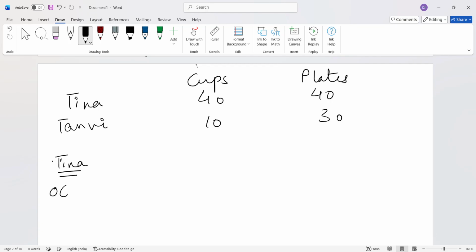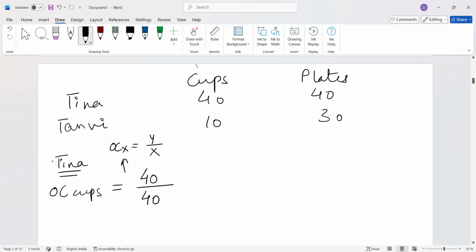So the opportunity cost for cups for Tina would be the amount of good Y divided by the amount of good X. If I write a general form of this, opportunity cost of X would be the amount of your Y divided by the amount of your X. So that's 40 in this case.